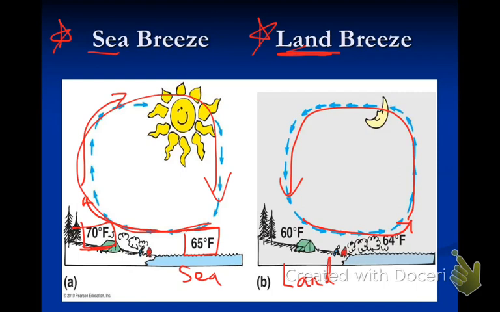On a land breeze, this happens at night, so because it's nighttime, the land is cooler, and it's a land breeze, so the air is flowing from land, and so it's flowing from the cooler land to the warmer water, and it's going around in that circular pattern, and that's the difference between a land breeze and a sea breeze.